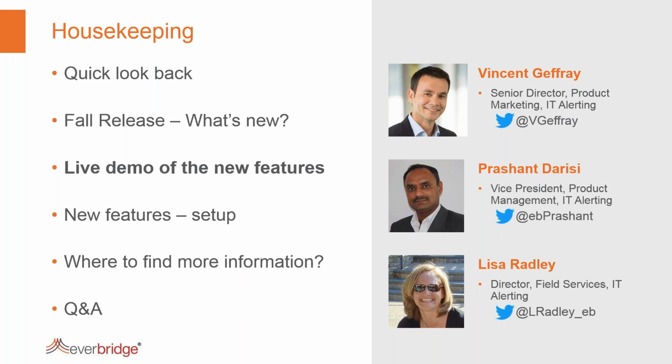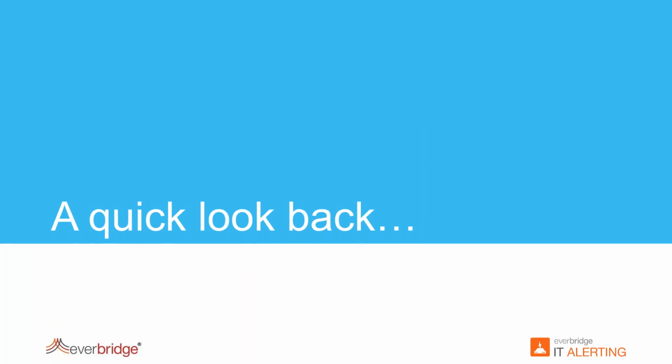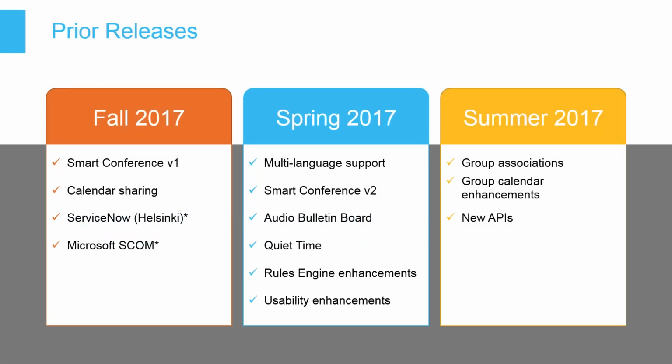So let's get started with a quick look back at the features and functions that were delivered in the past 3 major releases. First, there were a lot of enhancements released around calendars and schedules in order to make it easy for you and for us to link groups and calendars. Remember, there is now no need to define incident rules anymore to link groups and calendars.